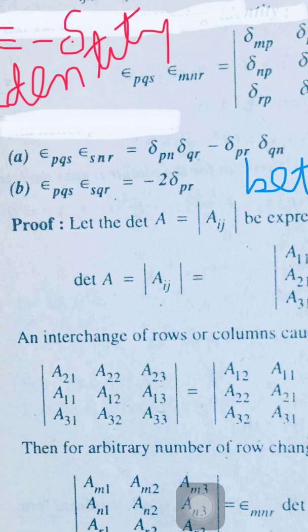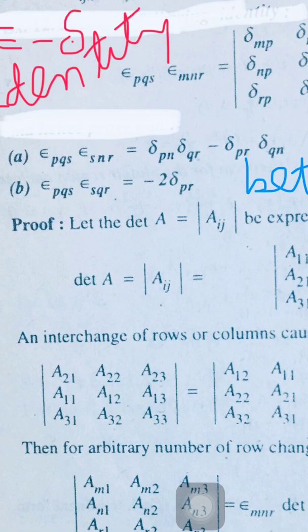So this may be represented by these quantities, removing s from there, with the other permutation or combination of deltas. If in the second part we take two indices the same, q and s, then its value is minus 2 delta pr. These are the sub parts of the Epsilon-Delta identities.